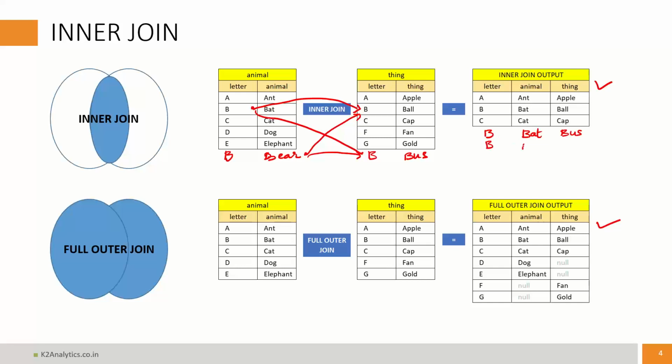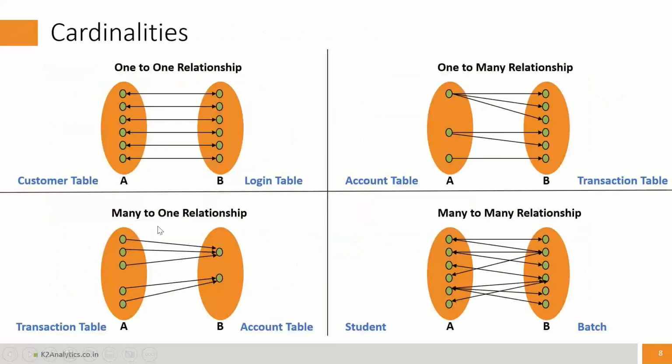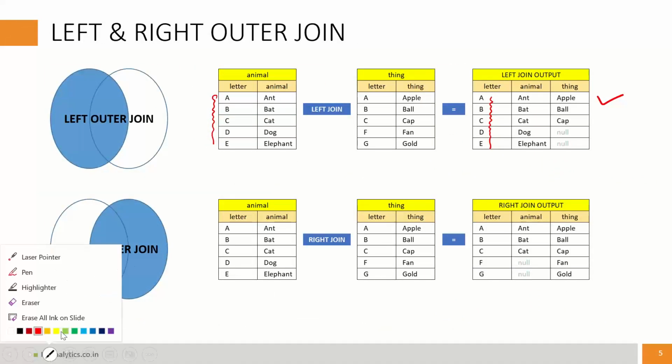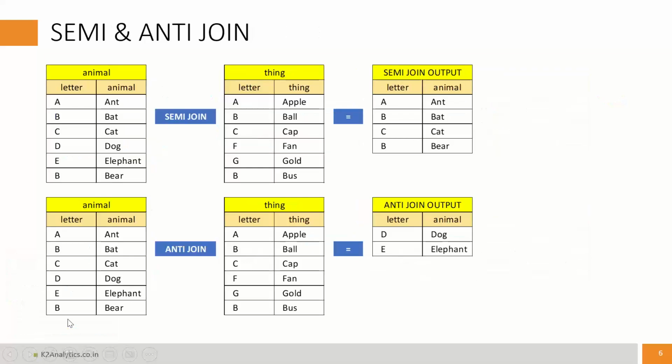So you will have one entry for B, bear and ball, B, bear and bus. Okay. So this is a very important thing that we have to remember while doing the joins. We will discuss more about this when we talk about cardinalities.